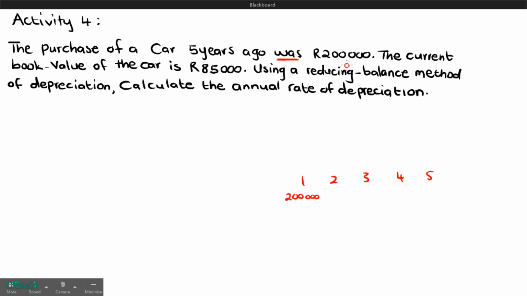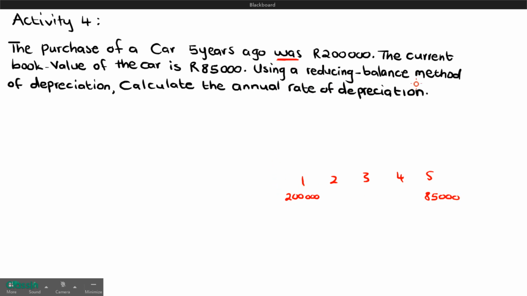It is 200,000. Now, after 5 years, the book value of the car is 85,000. So currently we are at the 5th year, and the value of the car is 85,000.